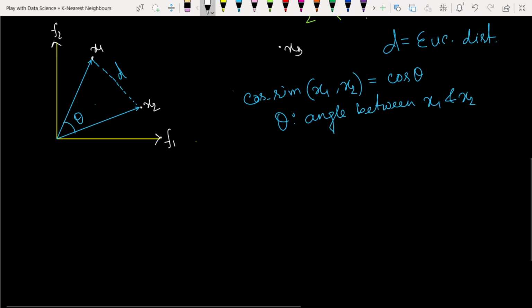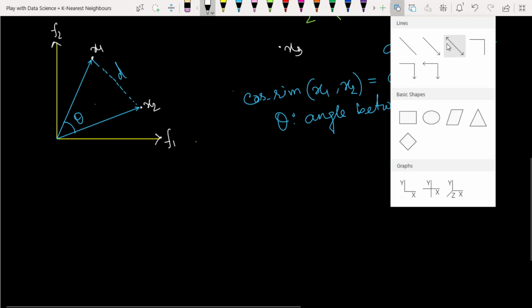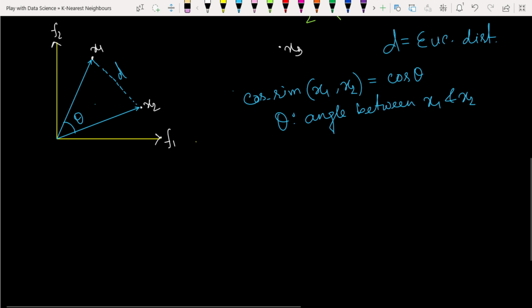We are simply increasing the distance. This is in the same direction as x2, so our x3 is also like here.